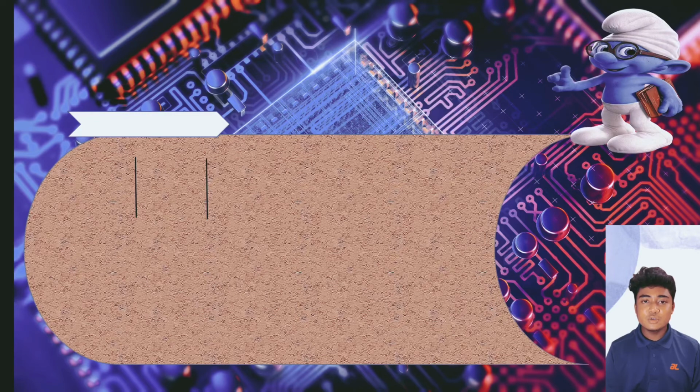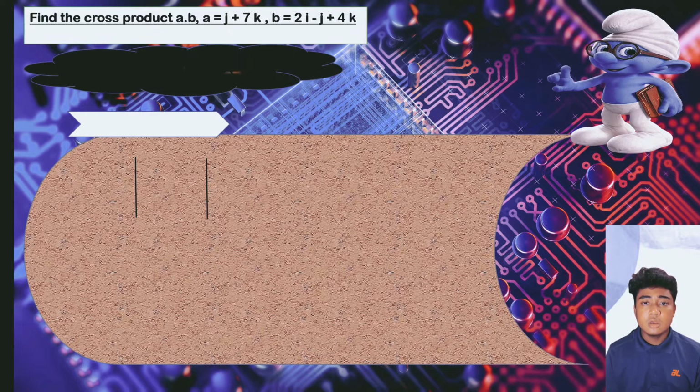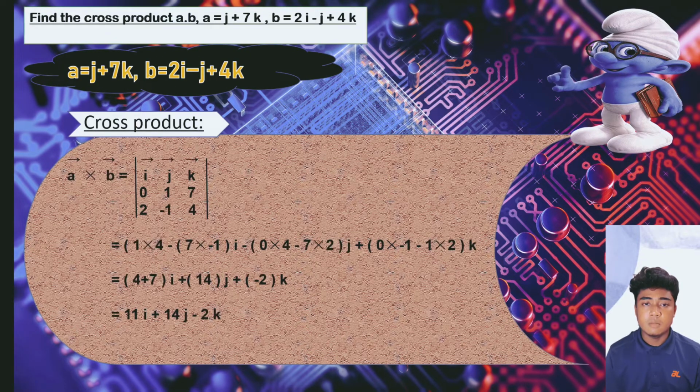For the first question, find the cross product A multiply B. A equal j plus 7k, B equal 2i minus j plus 4k. The solution is A multiply B equal to i, j, k and arrange it by rows.